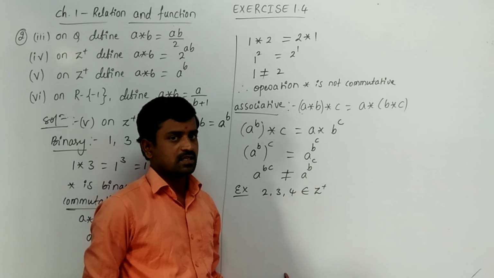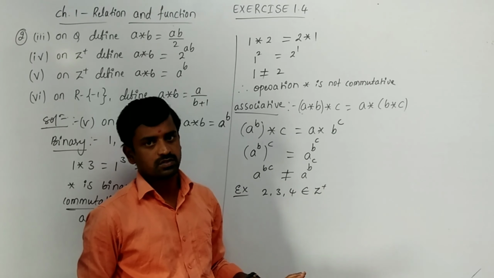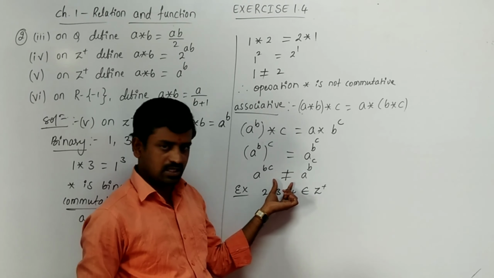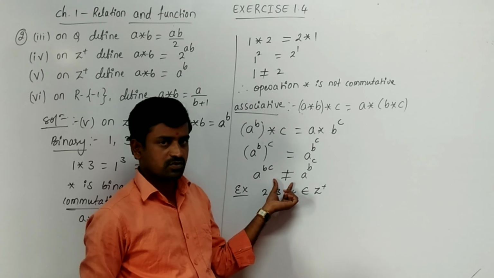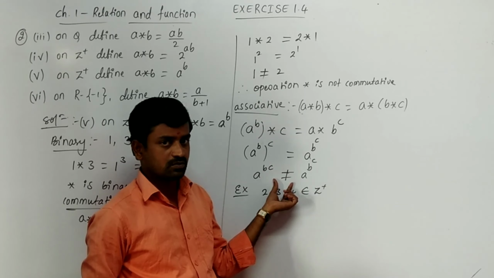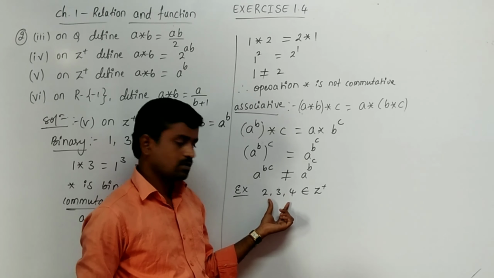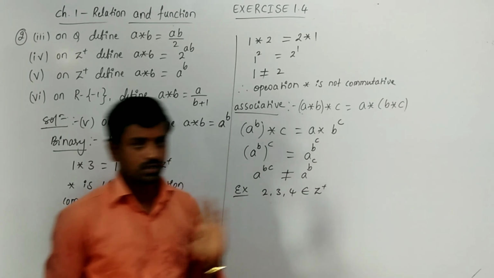Take for example 2, 3, 4, which belong to positive integers. These three numbers are positive integers, apply associativity. When you get LHS equal to RHS, the operation is associative. You see here only. Therefore, star is not associative. You take this example and solve it.